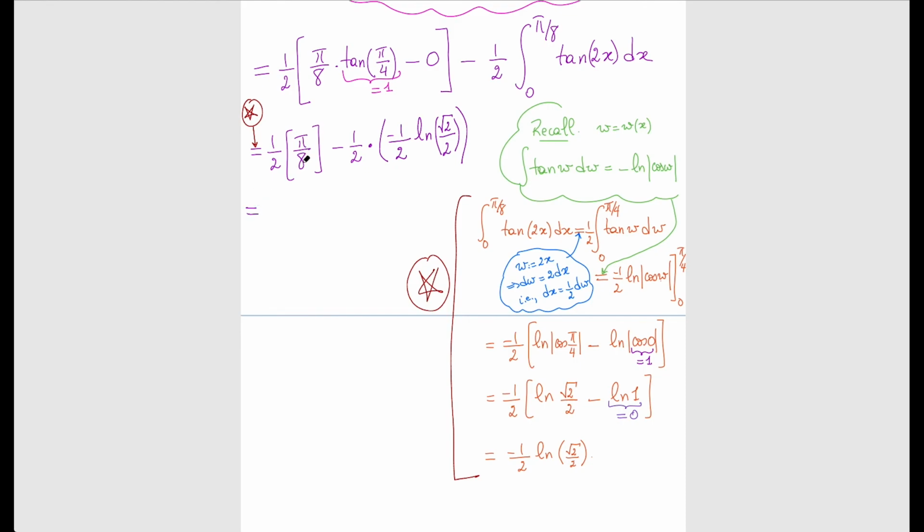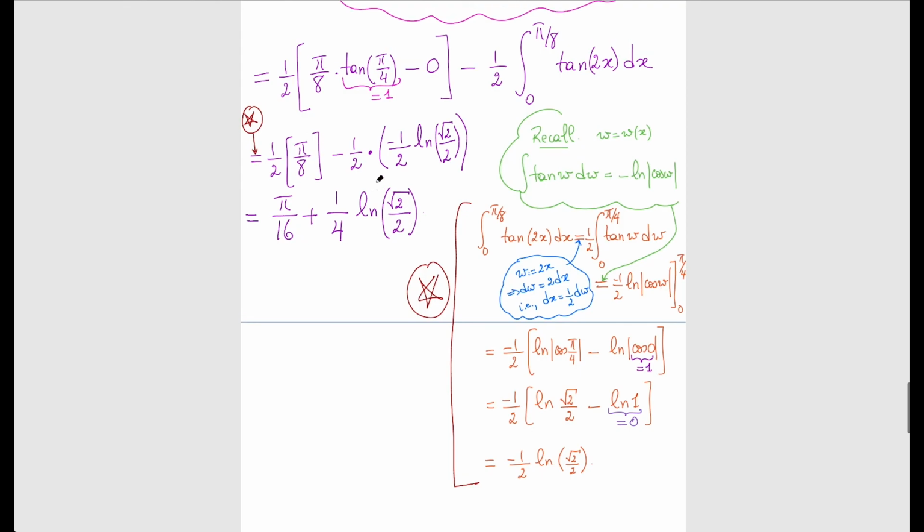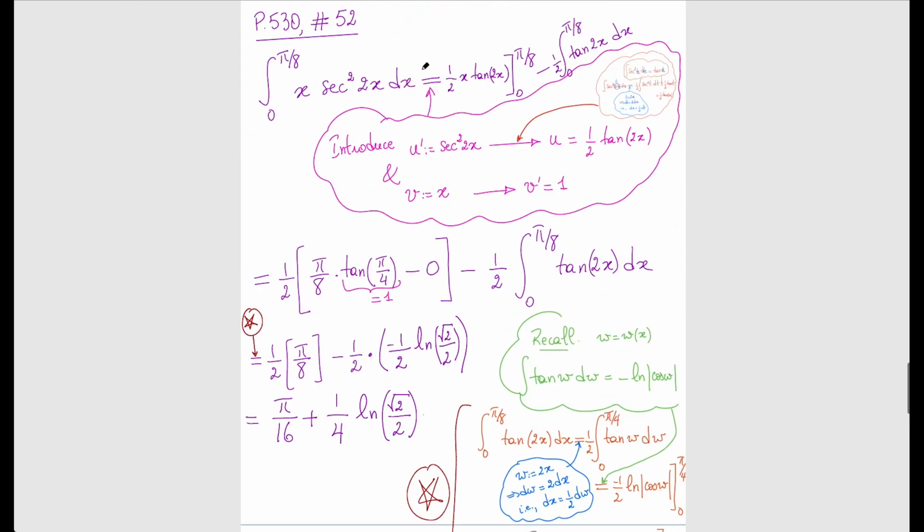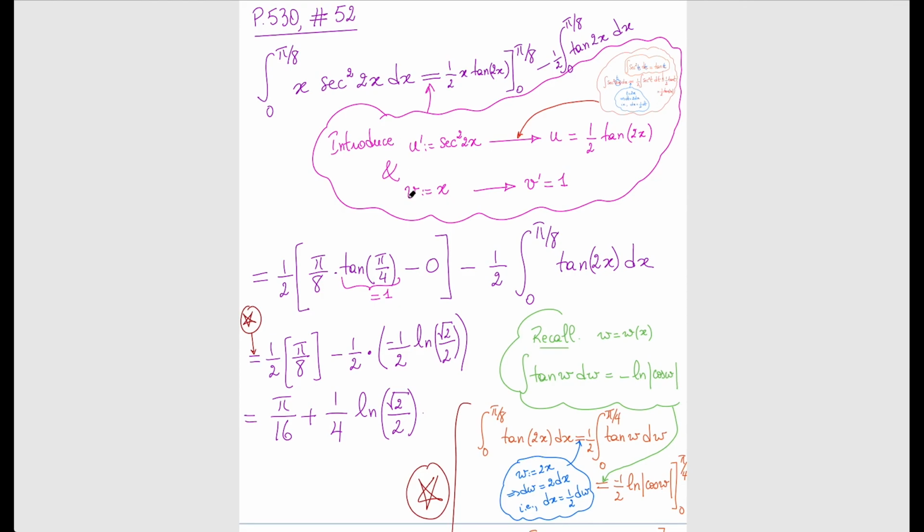Why not? So pi over 16 here. Minus the minus is plus 1/4. 1/2 times 1/2 is 1/4. ln of square root of 2 over 2. Correct? So this would be the value of this definite integral that was given in number 52.